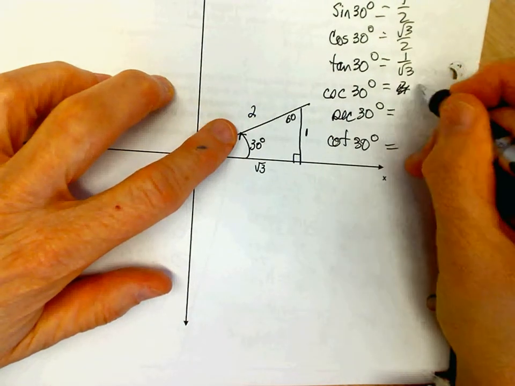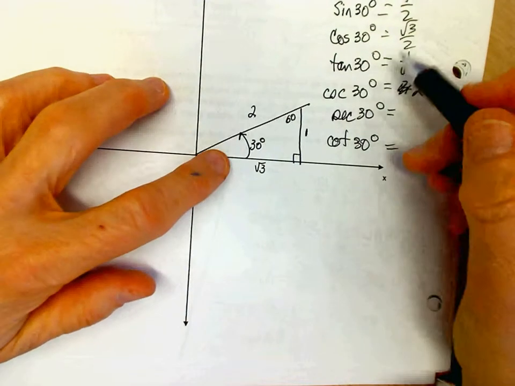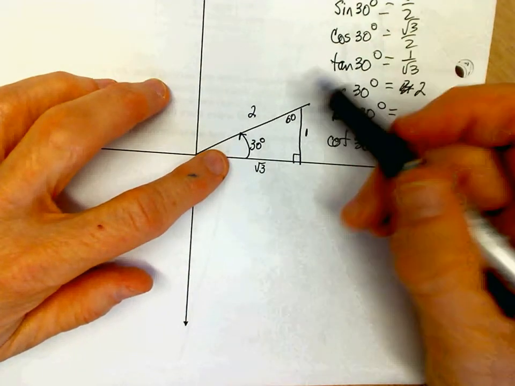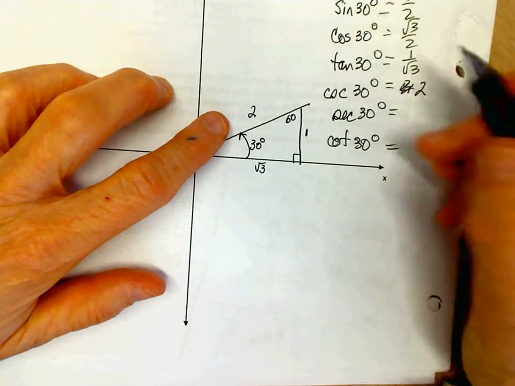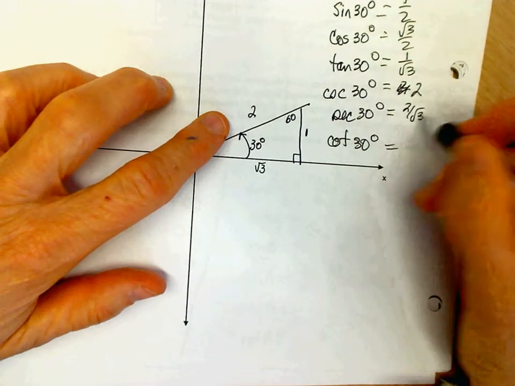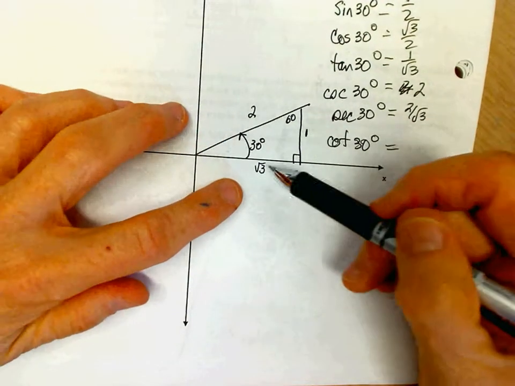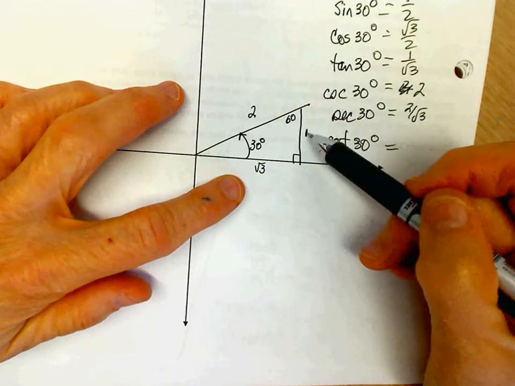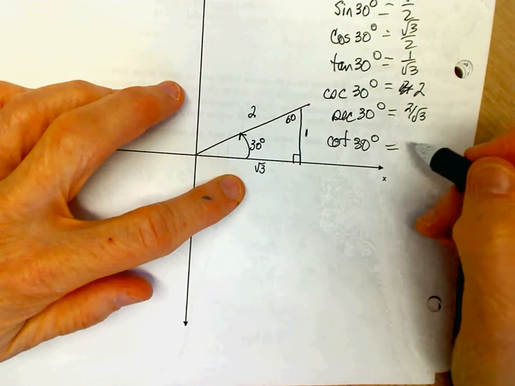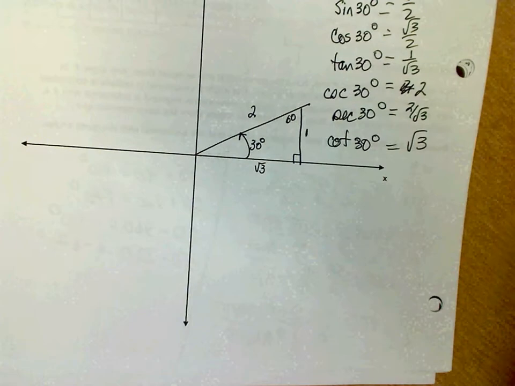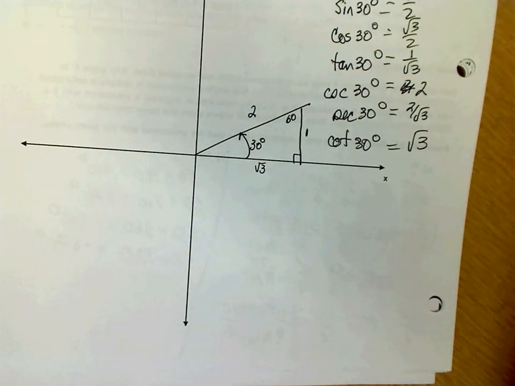Secant is the reciprocal of cos, which is hypotenuse over adjacent, 2 over root 3. And the reciprocal of tan, which is adjacent over opposite, is root 3. So far, so good? Nothing new there, really.